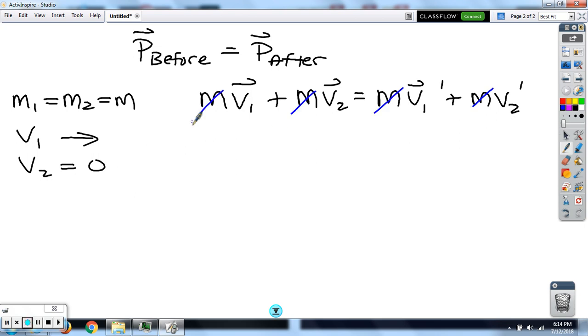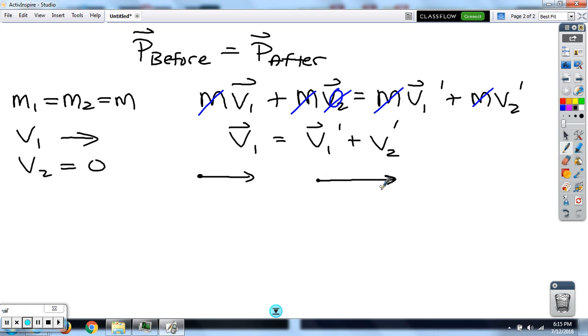The other thing that disappears is the initial V2, because this is equal to 0. So that goes away. So what you have here is V1 equals V1 prime plus V2 prime. In picture form, we already know that V1 has to look like that. So V1 prime plus V2 prime has to also look like that. Those are supposed to be the same length arrows.